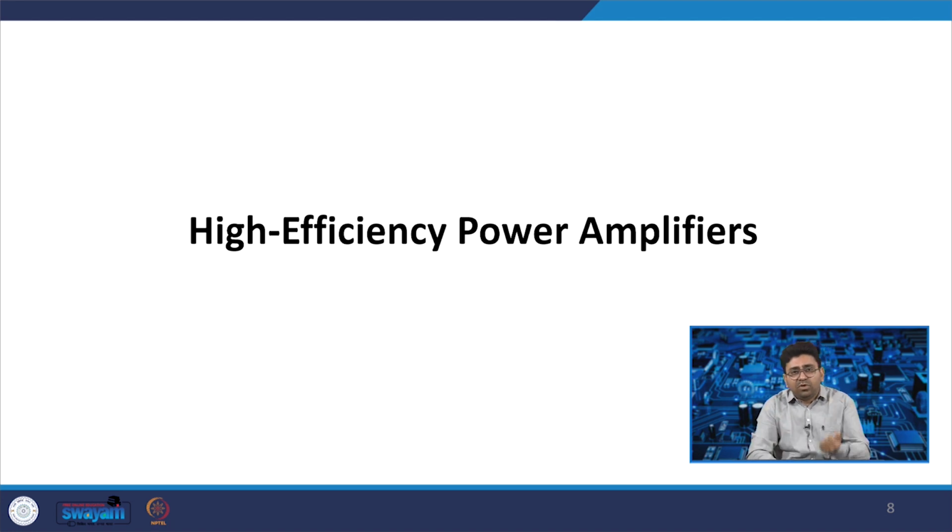We also try to make, instead of using a transistor as a current control voltage device, where we apply a voltage and its output current changes, instead of that we try to use a MOSFET as a switch.